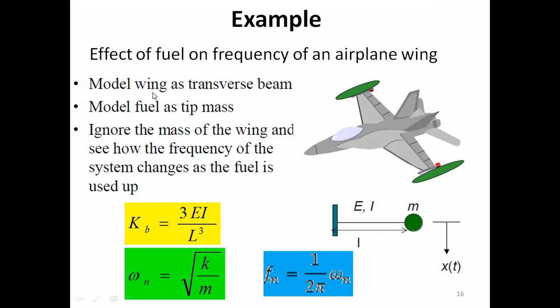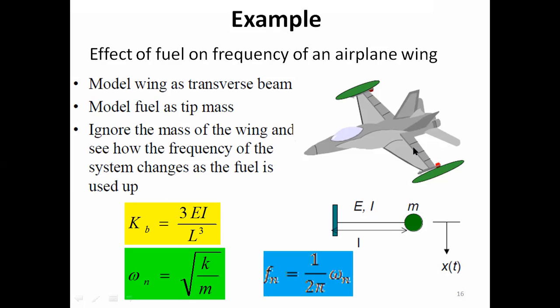So first, model wing as transverse beam, that is cantilever beam. Model fuel as tip mass. So we are modeling the fuel as tip mass. Ignore the mass of the wing, and see how the frequency of the system changes as the fuel is used up.